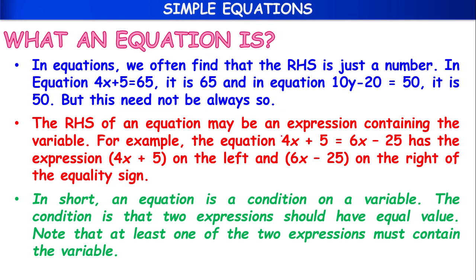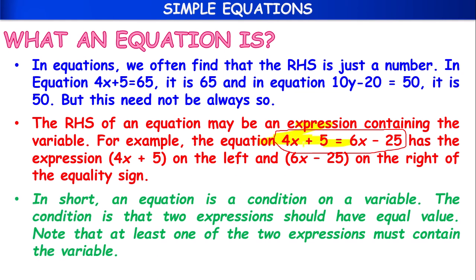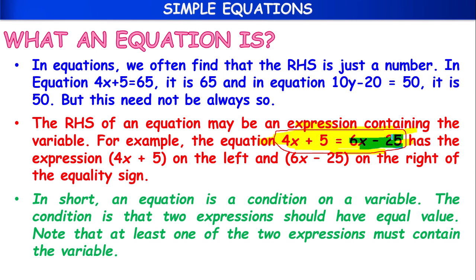Suppose you have this highlighted statement, 4x plus 5 equal to 6x minus 25. In this statement, what is the RHS here? The RHS is this one, highlighted in blue, 6x minus 25.